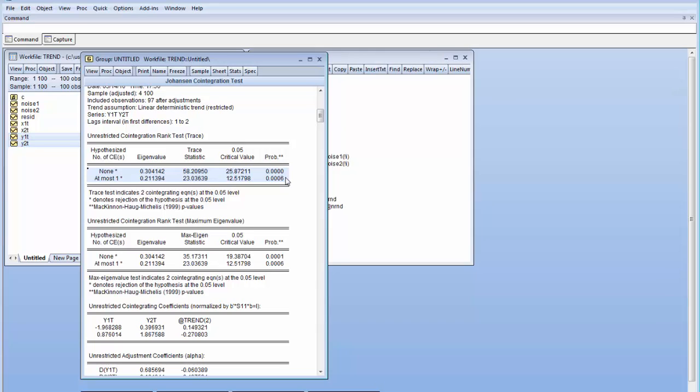Instead, they have a time trend. Because you included a deterministic trend in the cointegrating equation, it strips off the deterministic trend part and leaves you with a white noise part, in other words, the stationary part.